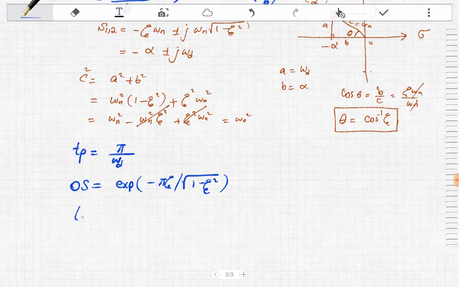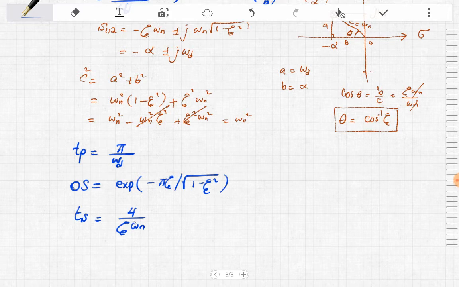Settling time, where it reaches the steady state or settles inside the tube, is equal to 4 over eta omega n. So these are the parameters that we are using. But as we explained, you can get settling time depending on the tolerance you allow. You can make it 2% or 5%.